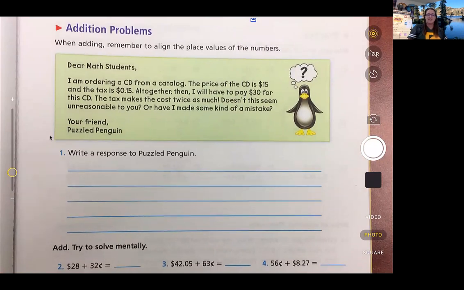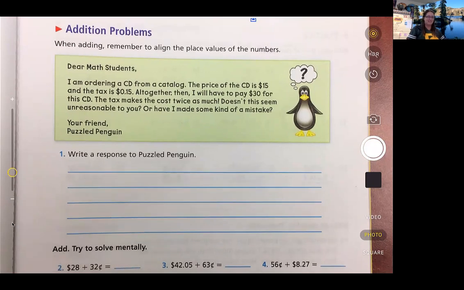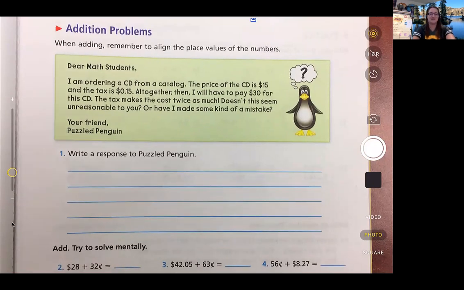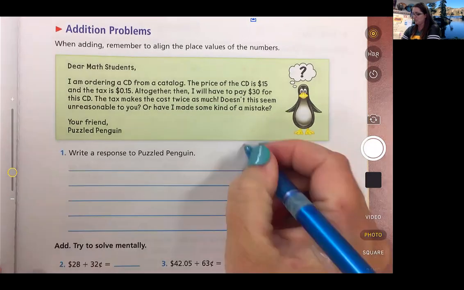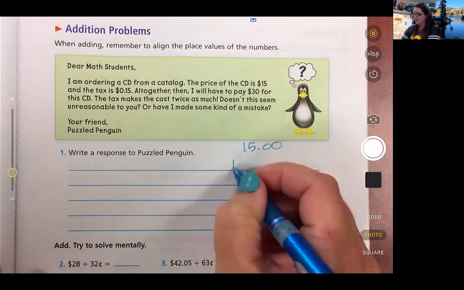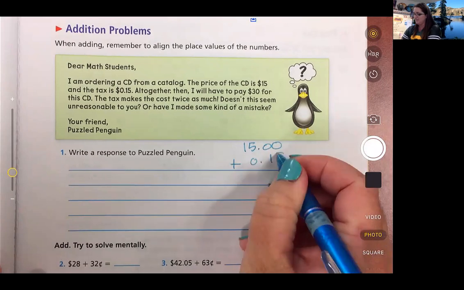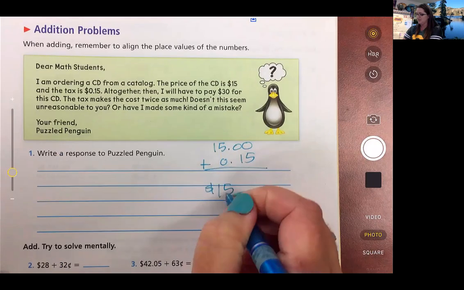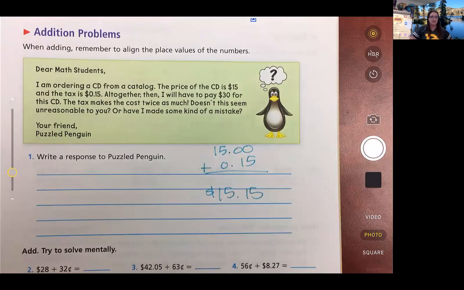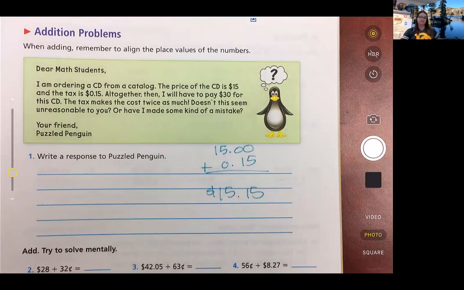He didn't line up his place value positions, because he should have had $15 plus 15 cents. So his total would have been $15.15. Puzzled Penguin is not very reasonable.